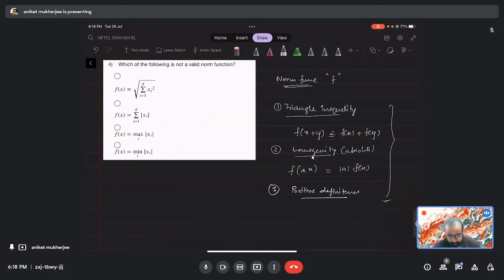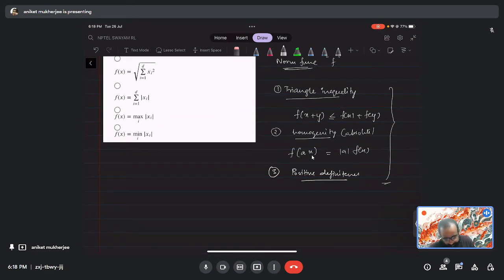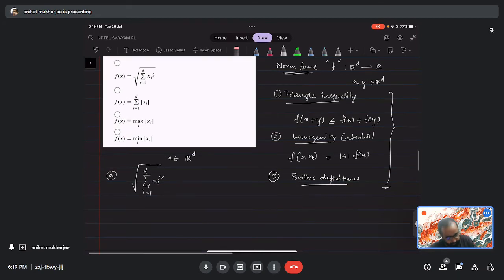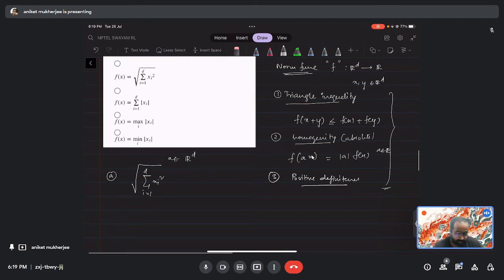So we'll just check the triangle inequality. For the first option, we have the function as the sum of xi square. This is in Rd dimension, so x and y belong to Rd, f is a function which maps from Rd to R, and a belongs to R. These are all mathematical technicalities, let's not go really deep into it.